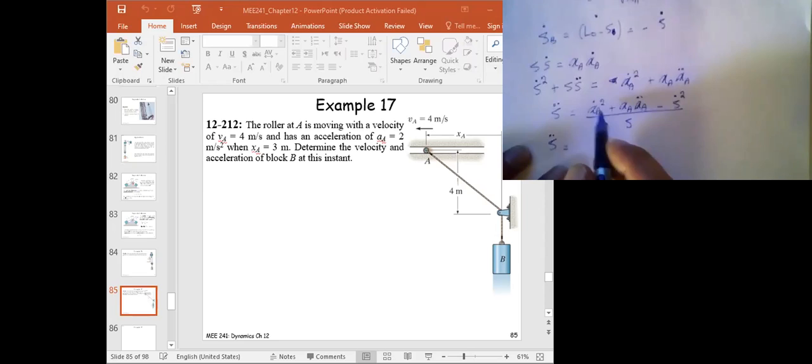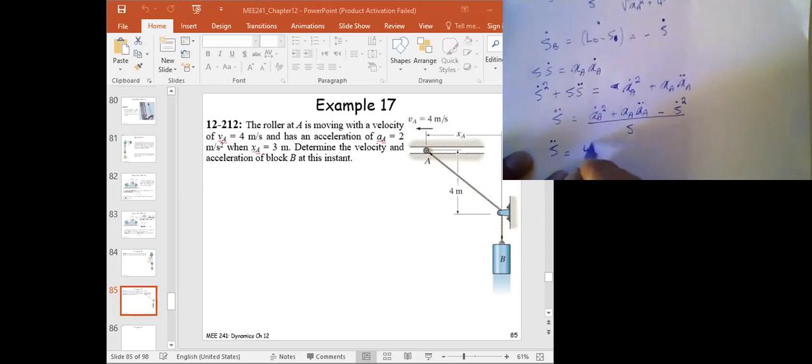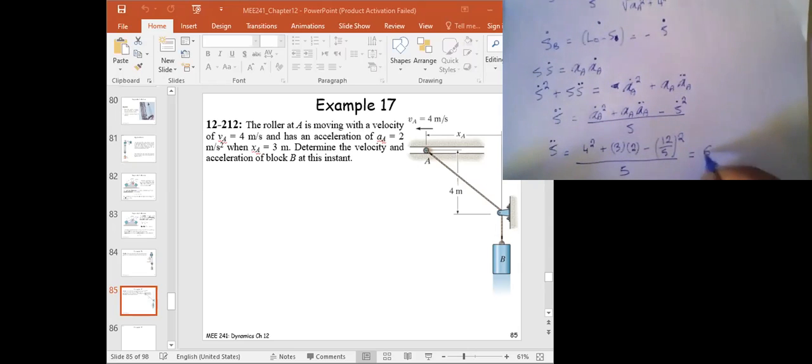We know X prime A is equal to 4, so 16. 4 squared plus XA equal to 3. What is XA double dot? 2. Minus S prime squared. What is S prime? 12 over 5. 12 over 5, exactly. Divided by 5. How much is that? 6 over 5. Okay, so I'm just going to put it in meters per second squared.